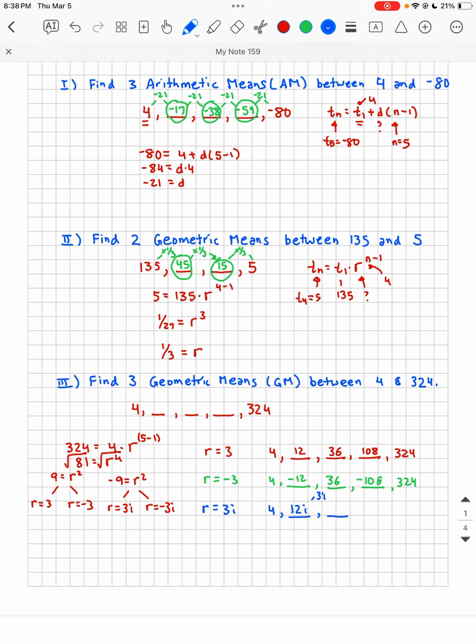So that's actually going to be our middle term, -36, and that's where things get a little funky. Then we multiply by another 3i. That's going to give us -108i. And finally, if you multiply by 3i, that'll give you 324.